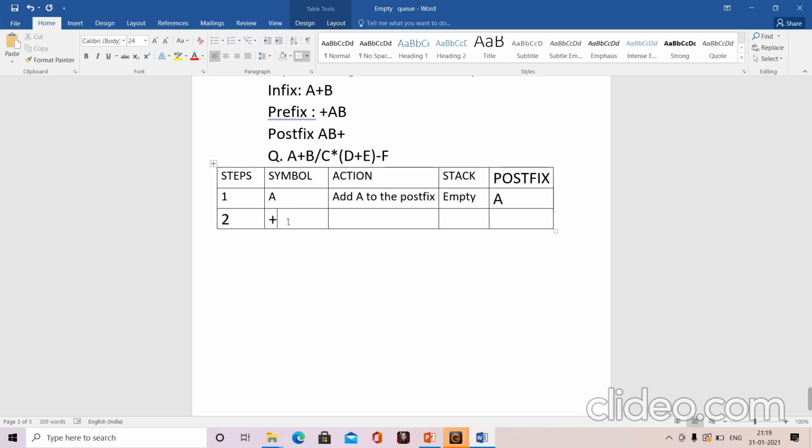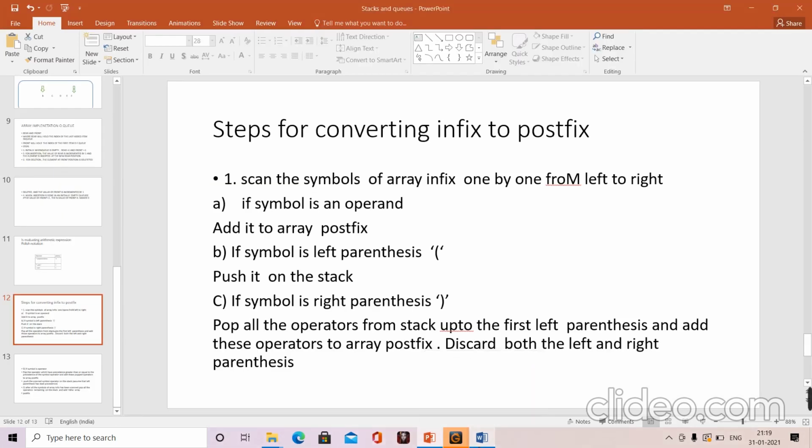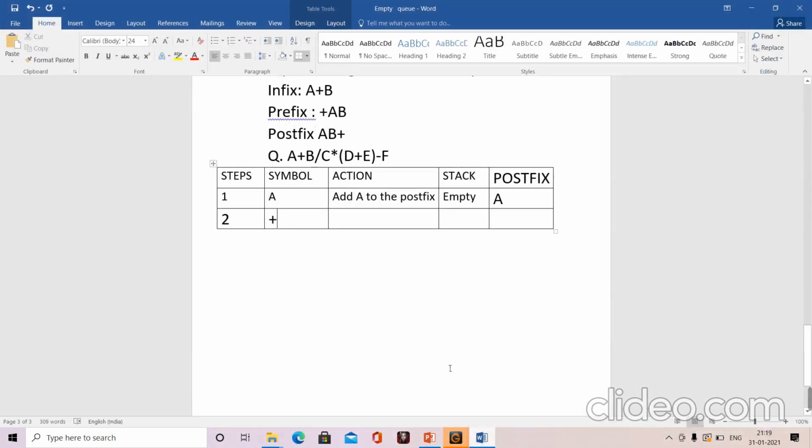If the symbol is an operator, we need to push it onto the stack. And the stack will be plus. The postfix will remain the same. So we have to write like this.